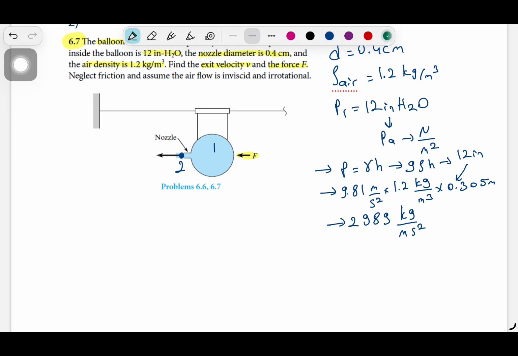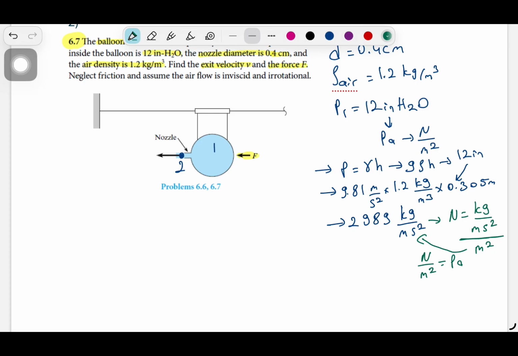You can also get this from your knowledge, because Newton is kilogram meter per square second. So if we directly divide it by square meters, you get this final unit, which is Newton per square meter, or Pascal.